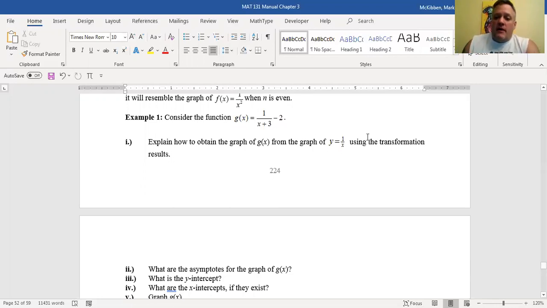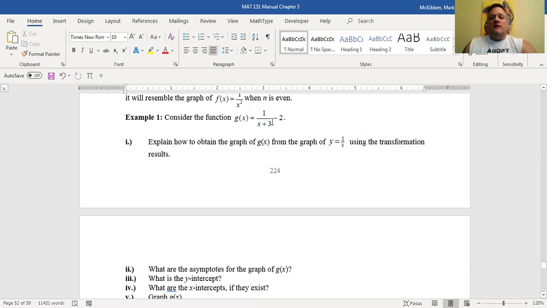Remember, both the y-axis and the x-axis are asymptotes for 1 over x. If you shift the graph left or right, the vertical asymptote will move accordingly. If you shift the graph up or down, the horizontal one will move.